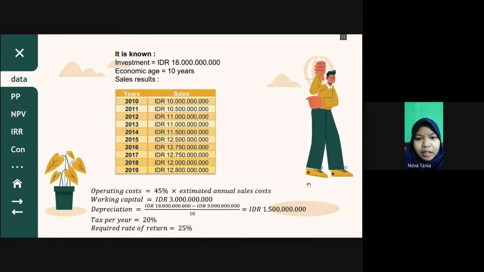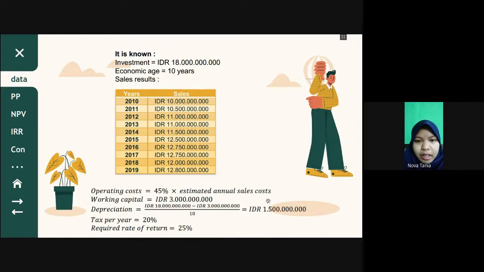The first, from the question, we have some information about data. Investment is 18 billion rupiah, economic age is 10 years, and the sales result is like in the table. Operating cost is 45% times the estimated annual sales. Working capital is 3 billion rupiah.